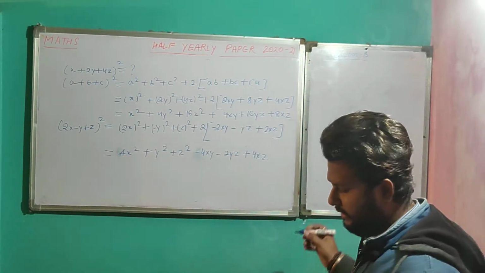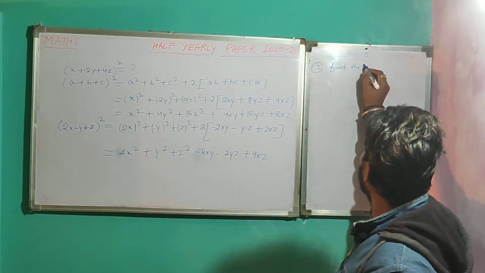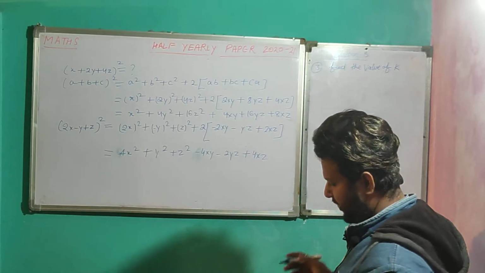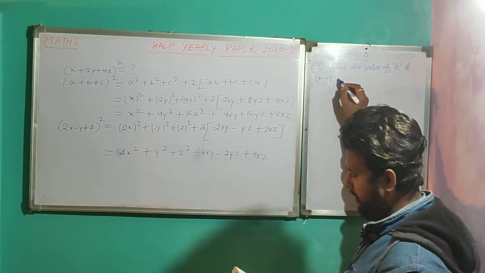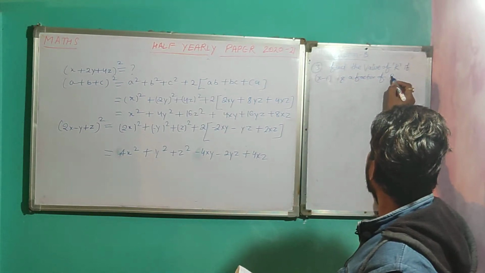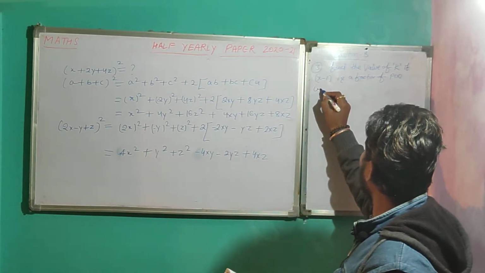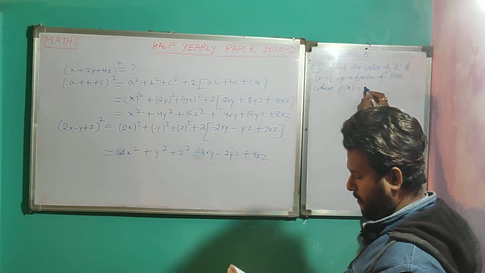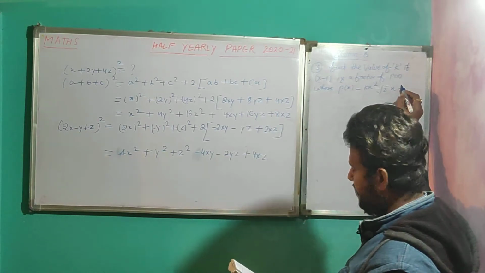Question number 3 is find the value of k if x minus 1 is a factor of p(x), where p(x) is equal to kx square minus root 2 x plus 1.